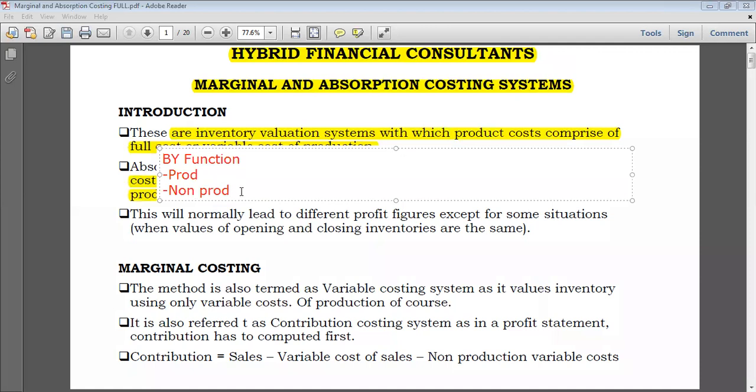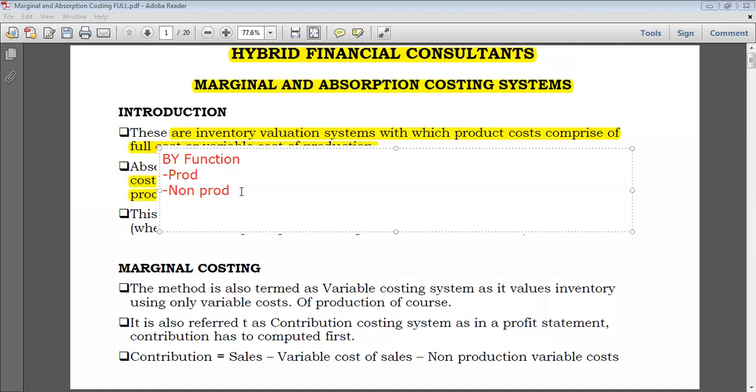We could also classify our costs by behavior, into variable costs and fixed costs. So I've spoken of both situations already.